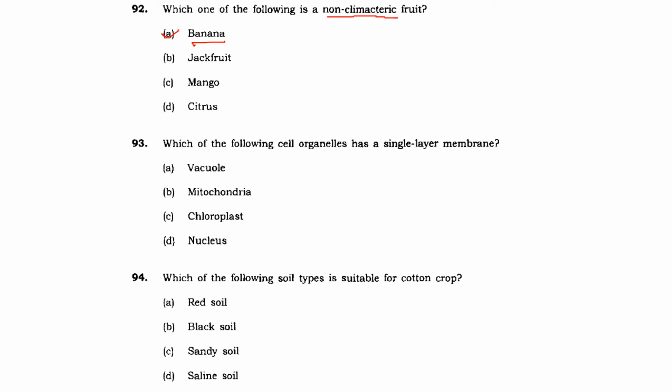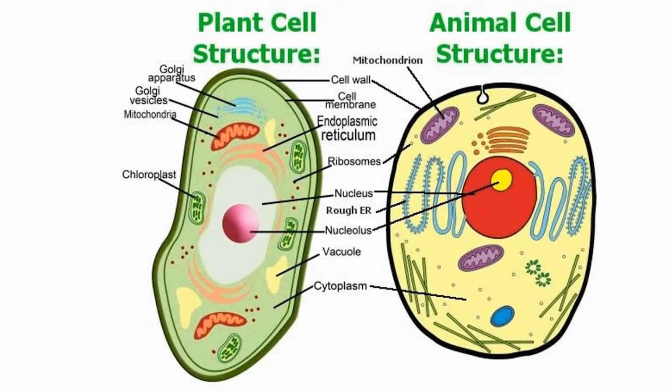Question number 93. Which one of the following cell organelles has a single layer membrane? Now we know membranes can be single layered or double layered. Options are vacuole, mitochondria, chloroplast, and nucleus. Here is the plant cell structure. Mitochondria is a double membrane structure.